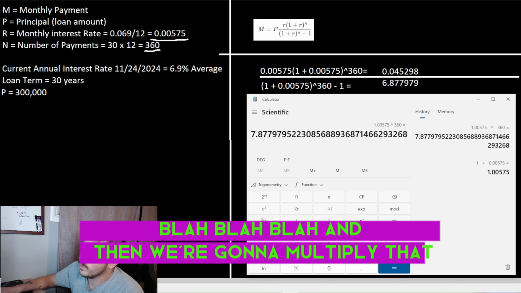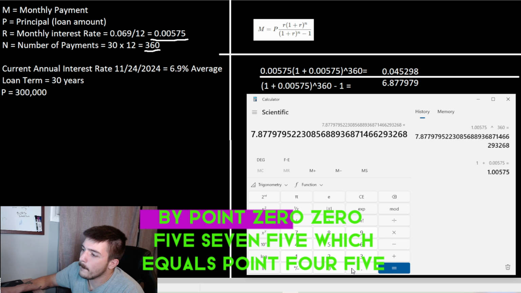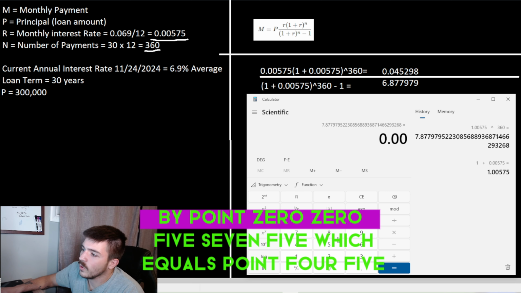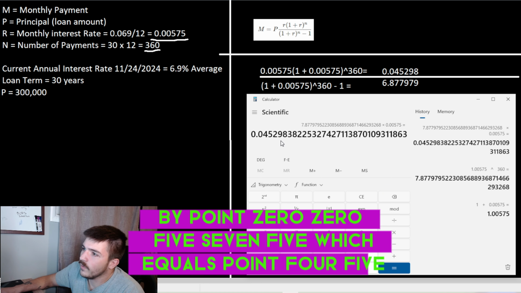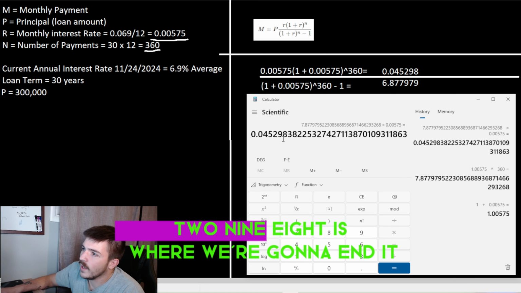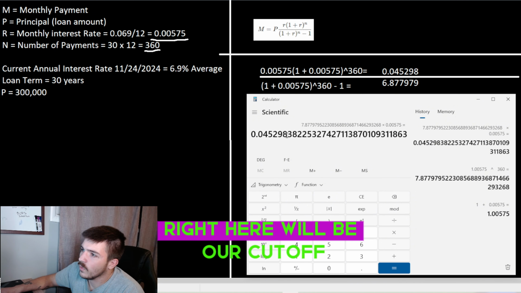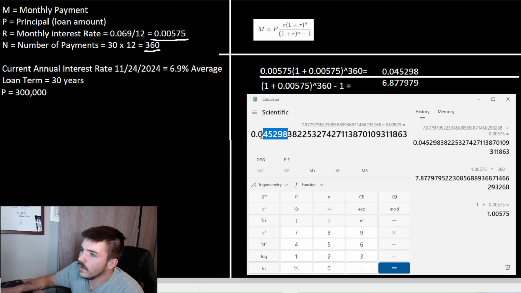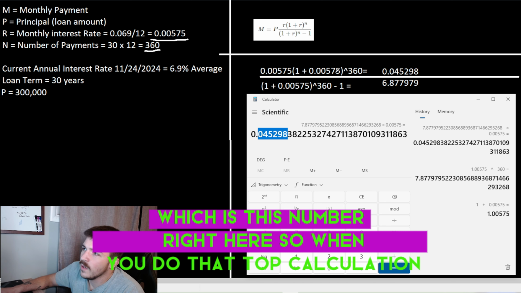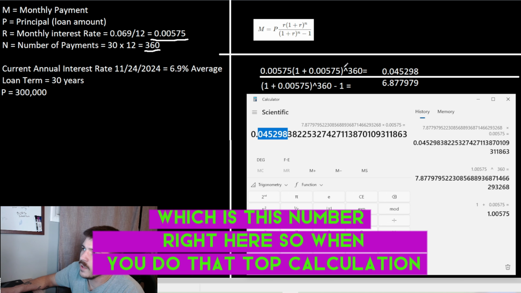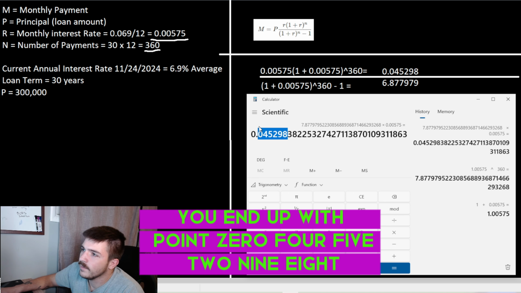And then we're going to multiply that by 0.00575, which equals 0.045298. That's where we're going to end it. Right here will be our cutoff, which is this number right here. So when you do that top calculation, you end up with 0.045298. Okay.